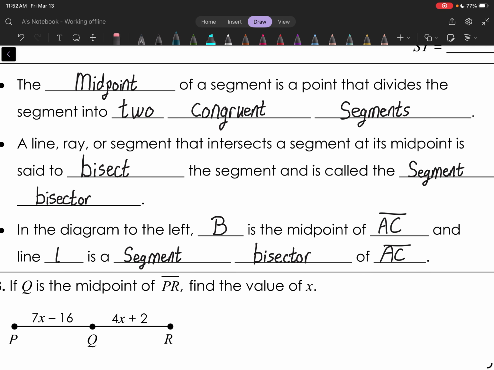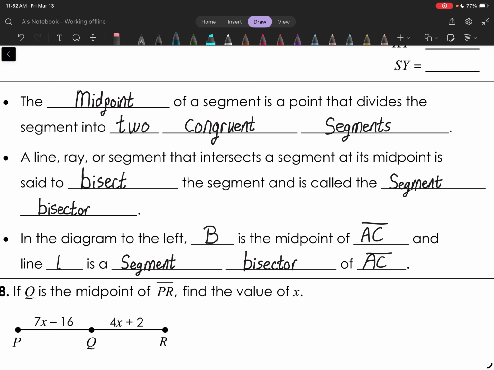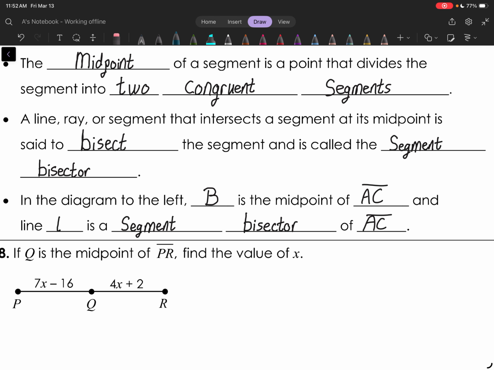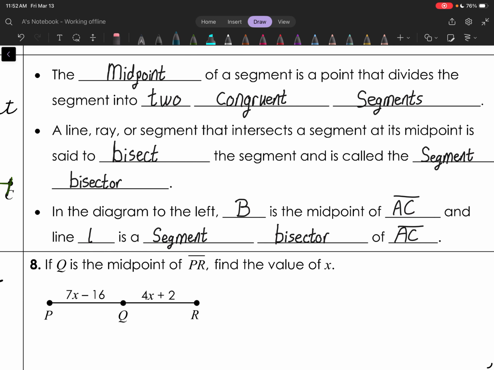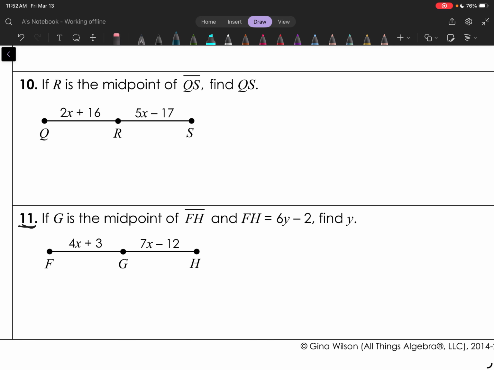Now here's the definitions you need to be writing down. The main thing is the line, ray, or point that is intersecting it is bisecting the segment. Call it a segment bisector. The main thing to know, the left and the right side of the midpoint are going to be the same length.